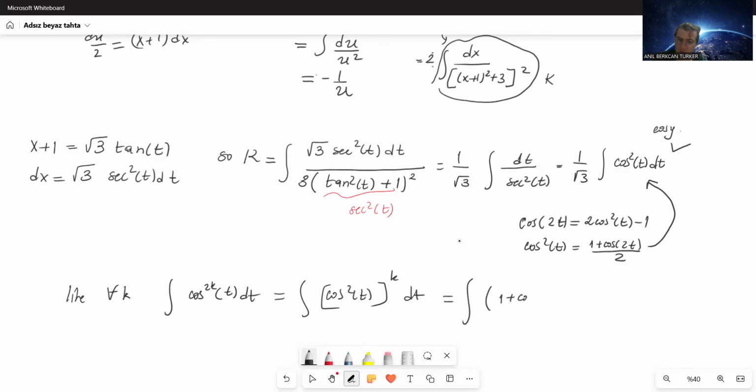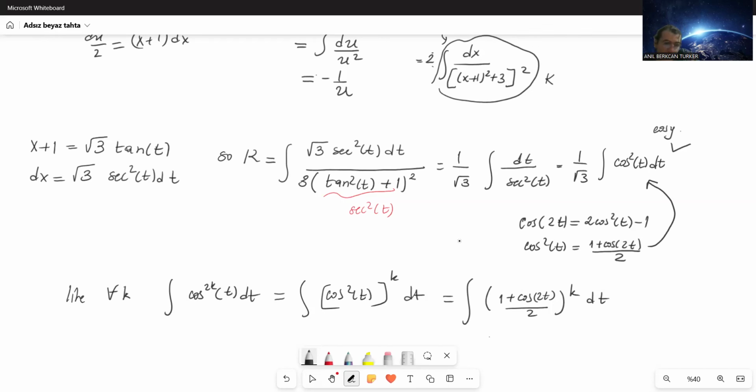It is (1 plus cosine 2t over 2) to the k power dt. Now, if you expand this, what happens? It is just k power of something, so it's like binomial expansion. But each time you get some cosine to the power k.